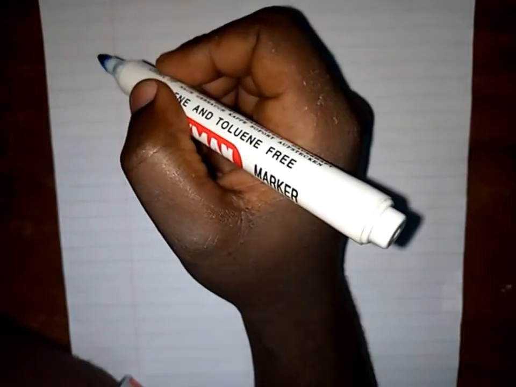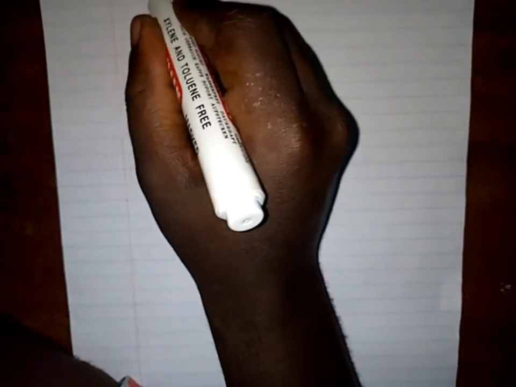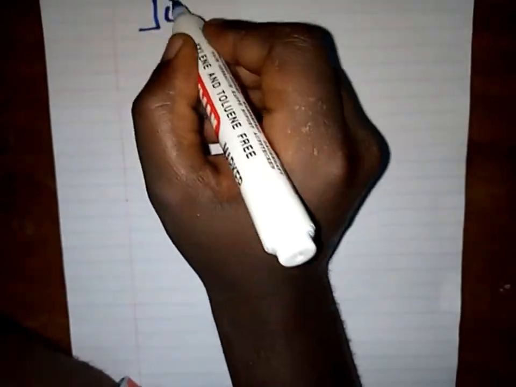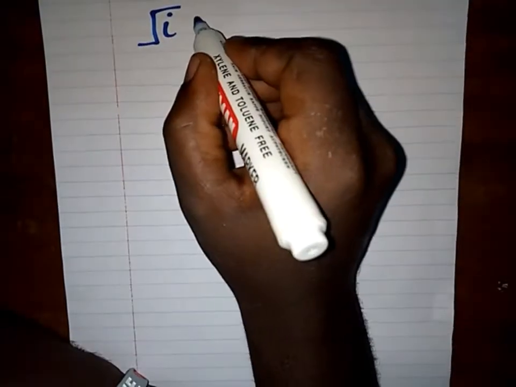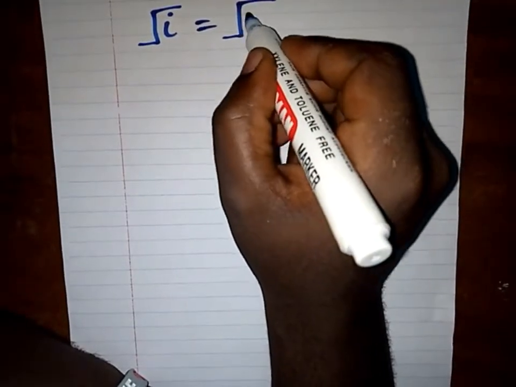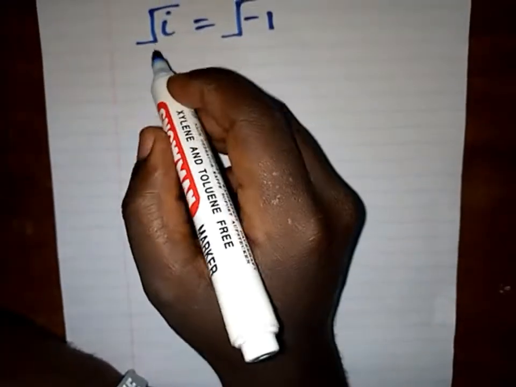This is Normal Sam. So we are going to look at the square root of i. The square root of i comes from the square root of -1. But right now we want to find the square root of i.